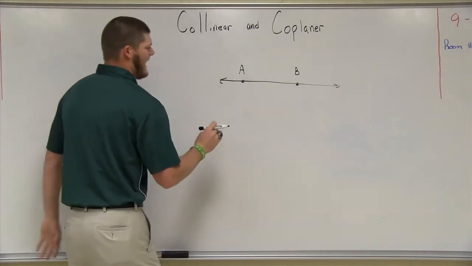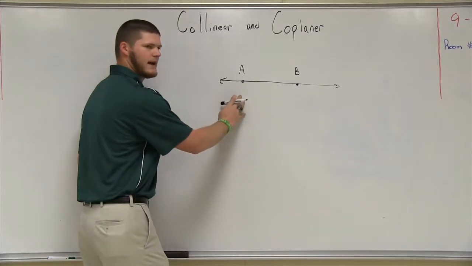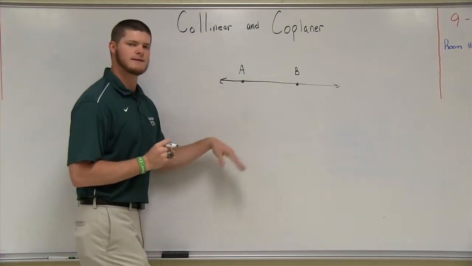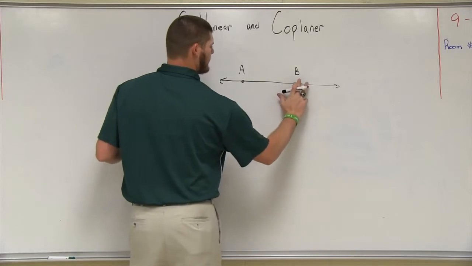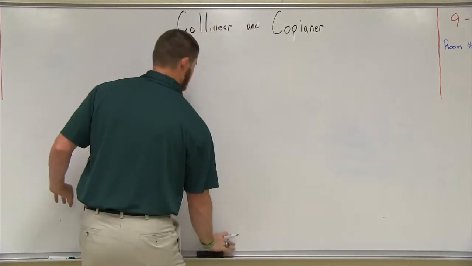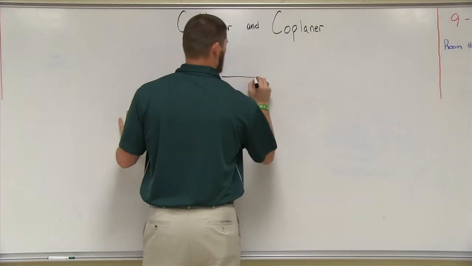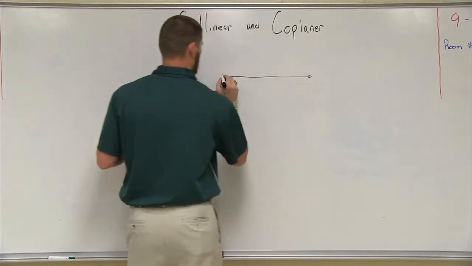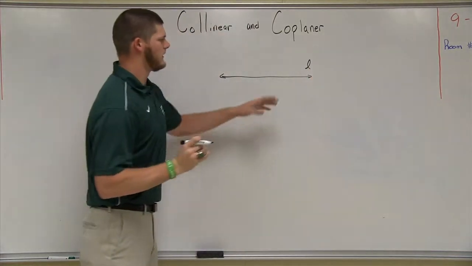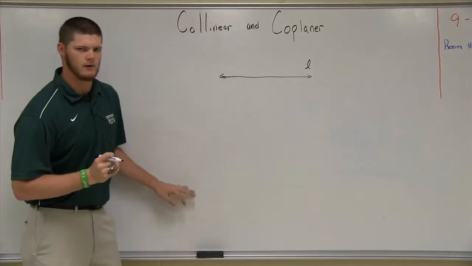Now, you can't have one point make up a line. A line must consist of 2 or more points. If we have a line, we will call this line L. It's noted with a cursive lowercase l.